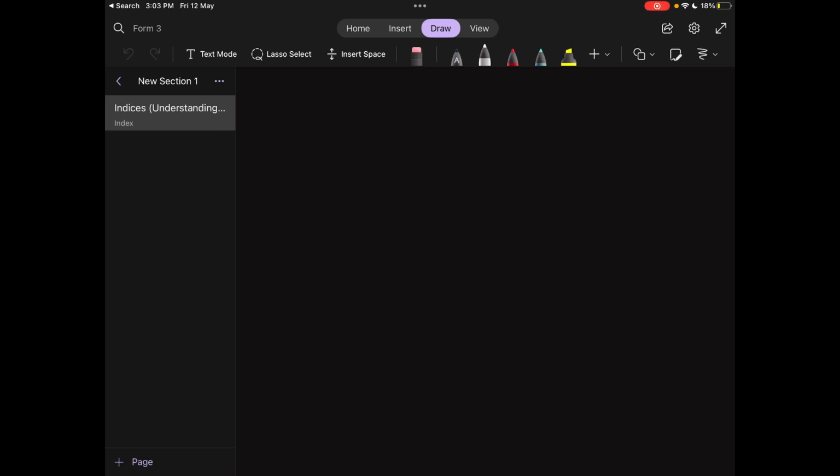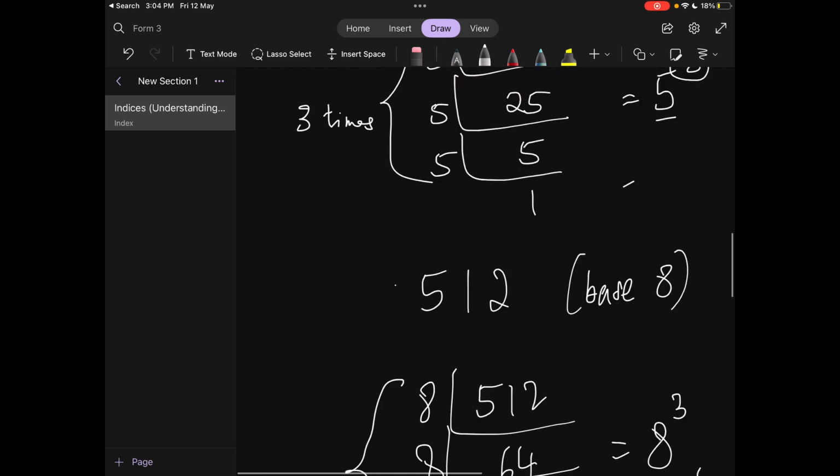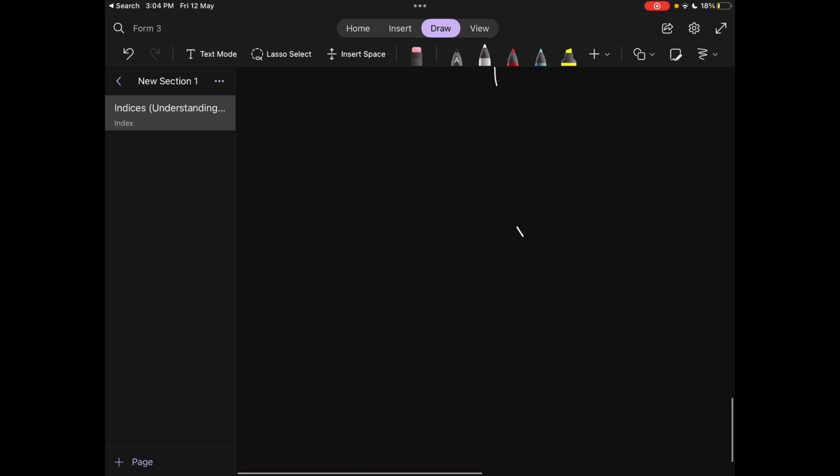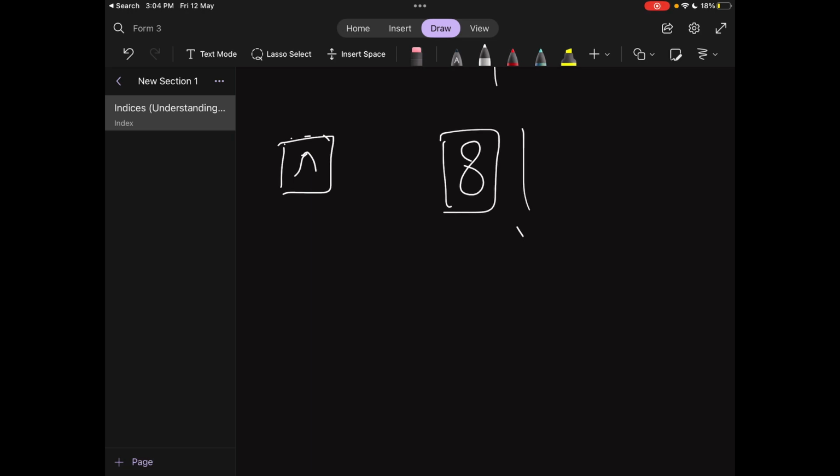So for power in the classic one, which is the blue, I think it's blue, it's going to be in this shape, like an upside down V. So what you have to do is type in a number, for example 8, and right after that put down this symbol.